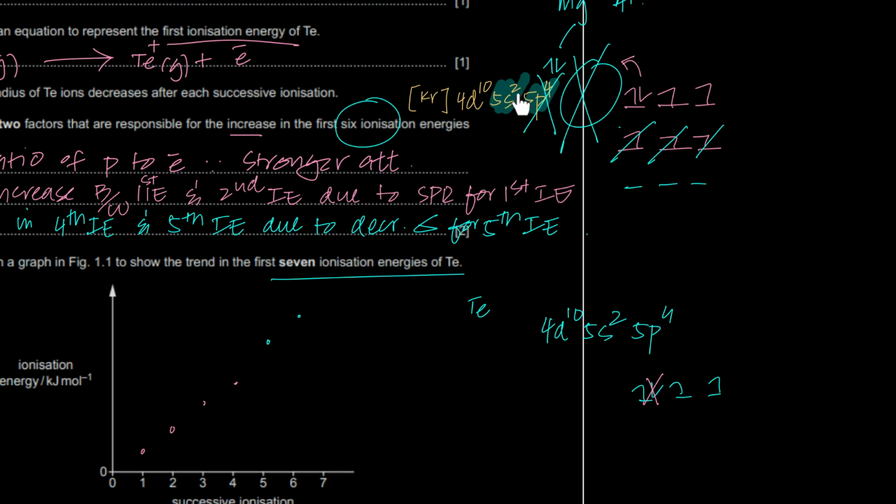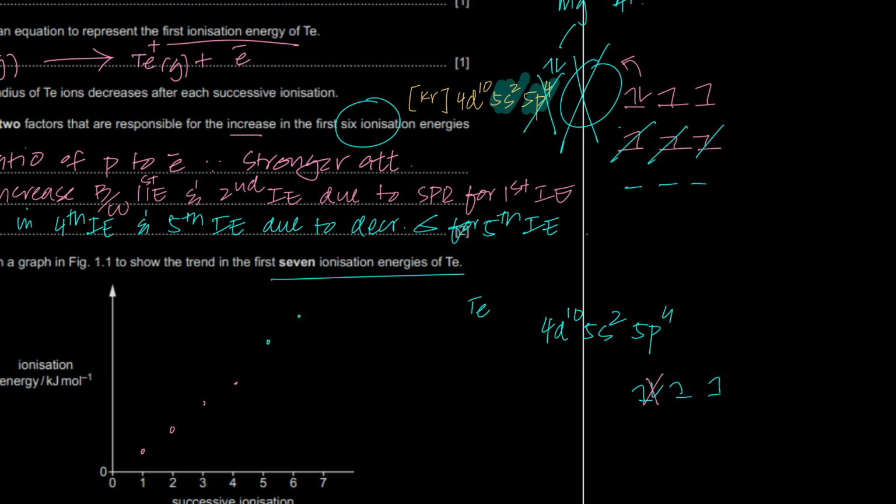And then the 7th electron is being removed from a shell which is closer to the nucleus, right? So now the principal quantum number is changing. The gap between the 6th and the 7th should be way higher than the other gaps, because the principal quantum number is changing right now.